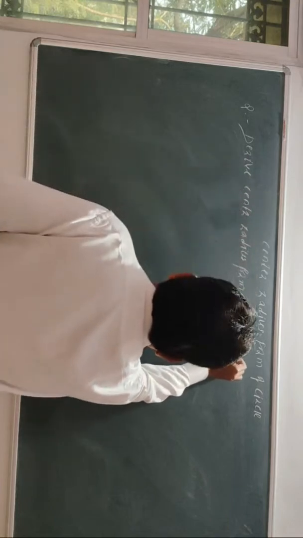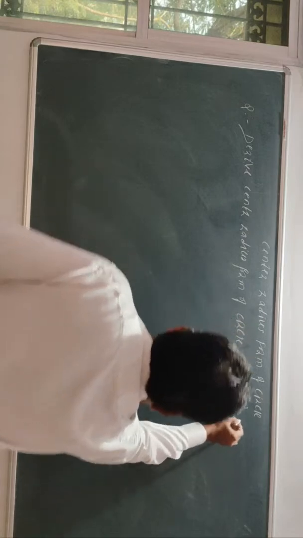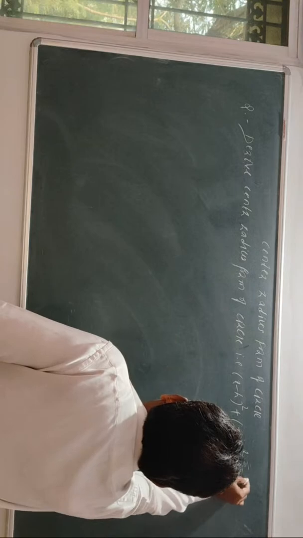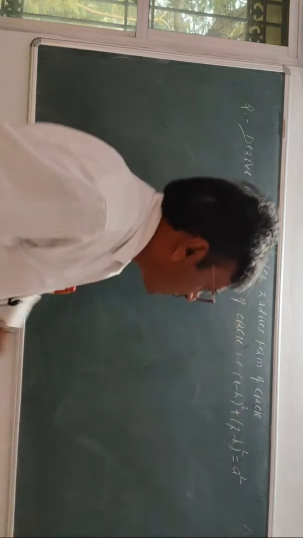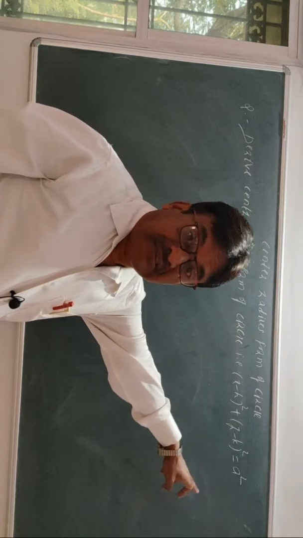That is x minus h whole square plus y minus k whole square equals a square. And here (h, k) is the center of the circle and a is the radius of circle.